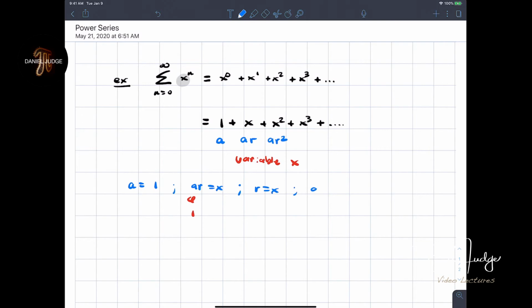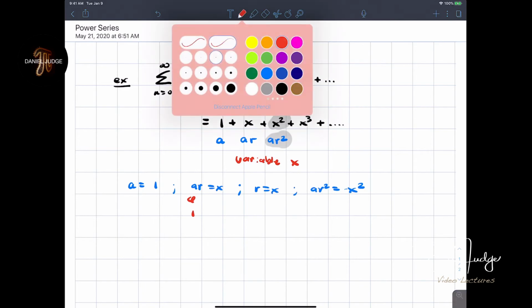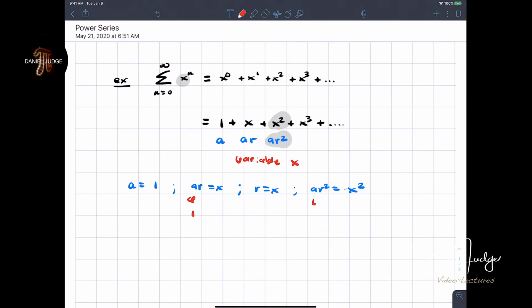We have to verify that AR squared is actually x squared. If I plug in A is 1 and R is x, sure enough, we get 1 times x squared, which is x squared. So it is geometric.